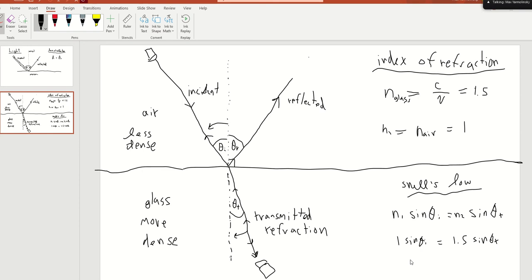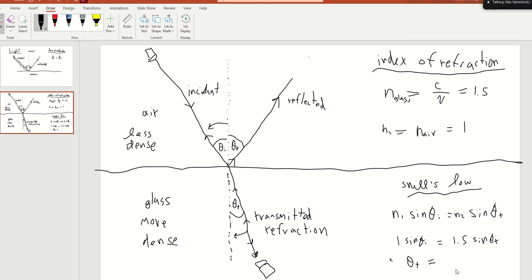And then you can solve for theta transmitted.